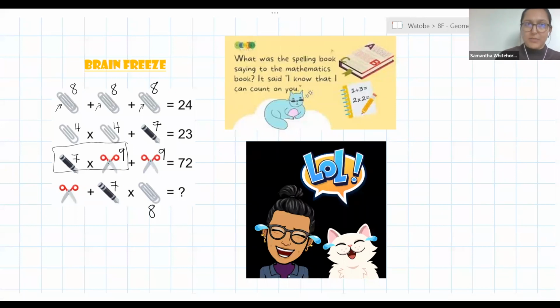Ooh, my times tables are shocking tonight. 62, and then 60, no guys, 63. Maybe I'm just going to double check my multiplication here. Yeah, 7 times 9 is 63, and then 63 plus 9 gives us 72. So we just need to make sure that we're doing the correct order of operations.